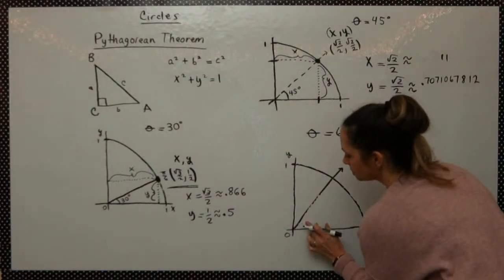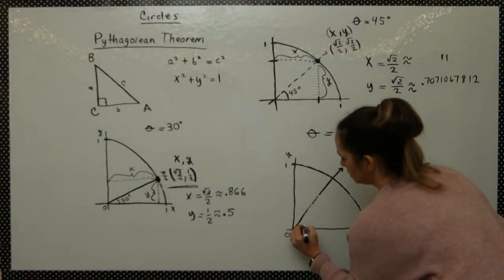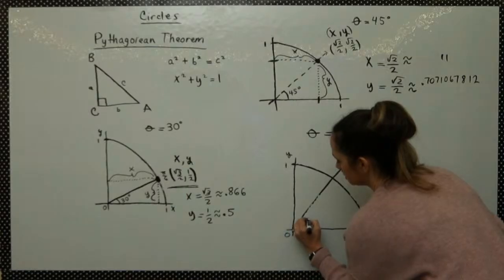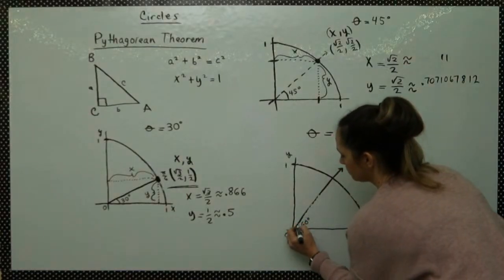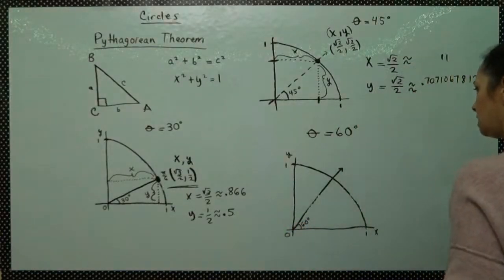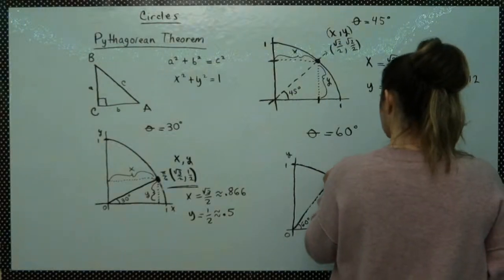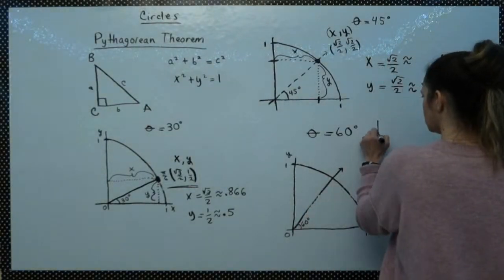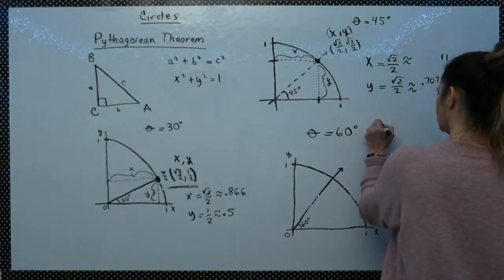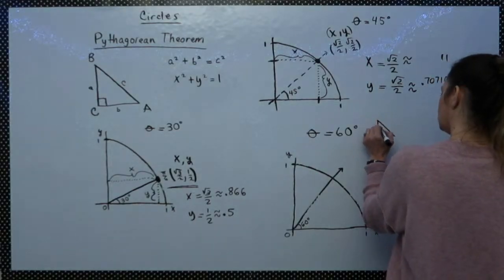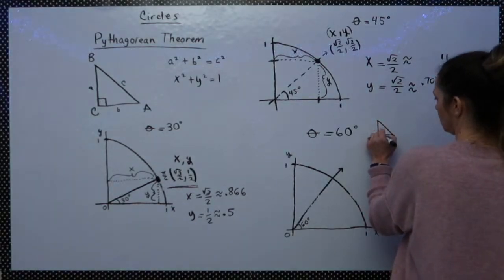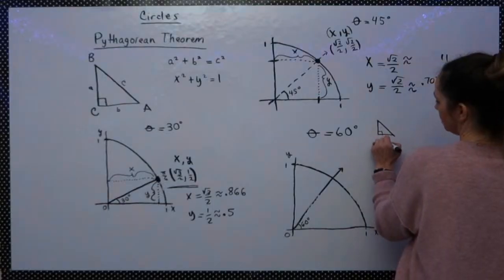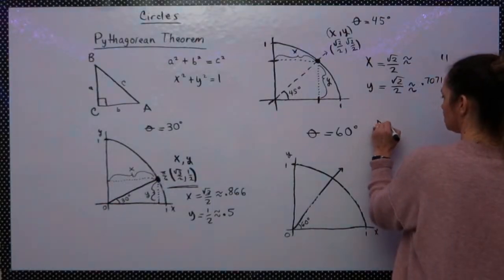I'm just going to go ahead and put 60 here. And we have, let's see, the 30, 60, 90. So that's radical 3, 1, 2.